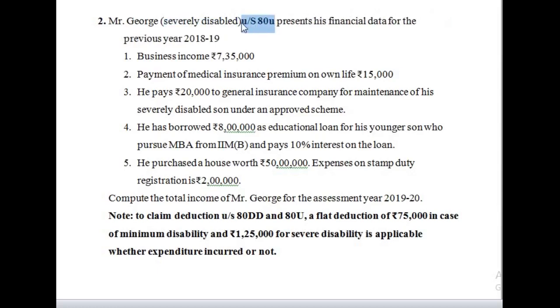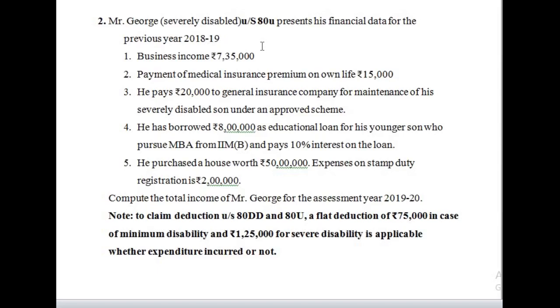If the assessee himself is suffering from severe disability, that means more than 80%, that will be taken under section 80U. Whether the assessee spent money or incurred expenses or not, irrespective of incurrence of expenses, if the relevant medical authority has certified that the assessee is suffering from severe disability, a fixed amount of deduction will be allowed.